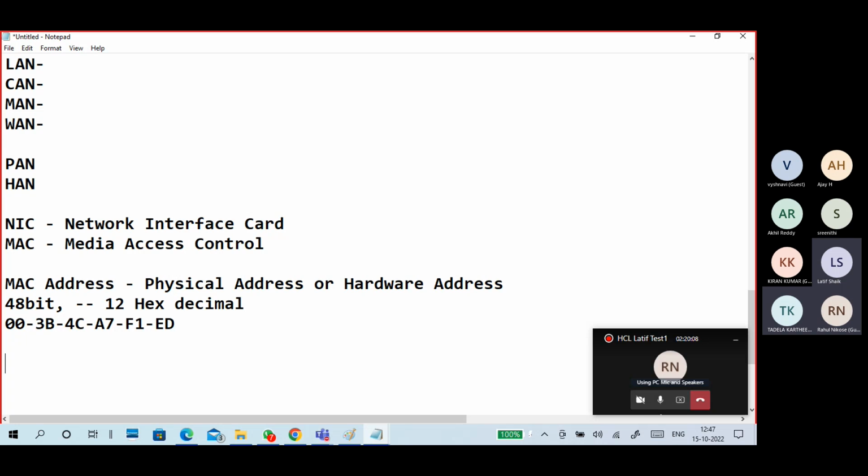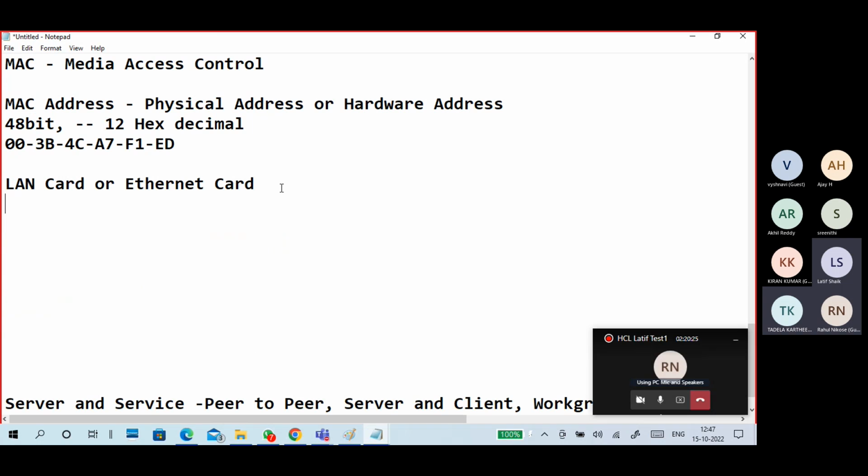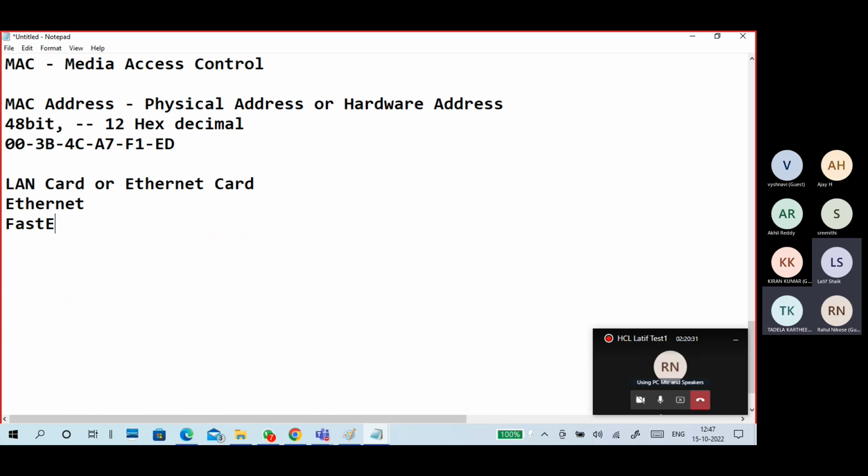Next. We are used to connecting with a wire, for which a LAN card is there. One type of NIC is a LAN card or Ethernet card. In this we have three types of Ethernet: Ethernet, FastEthernet, GigabitEthernet. 10 Mbps, 100 Mbps.